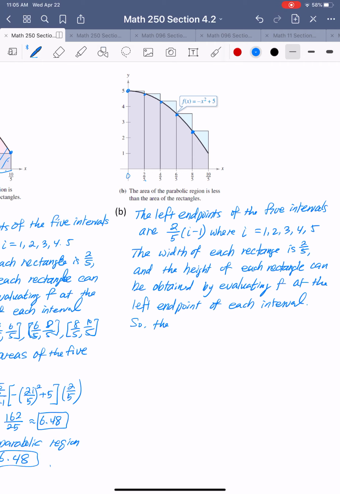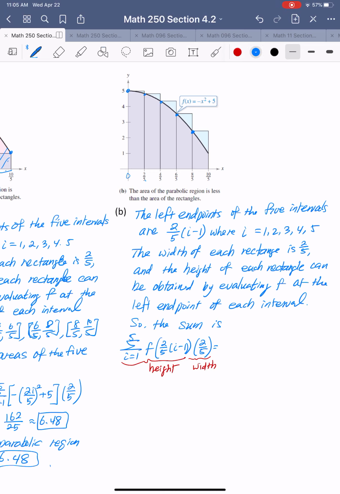So the sum is the same thing as this. We use the sum from i equal to 1 to 5 of f of 2/5 (i minus 1) as the height, and then multiply by 2/5 as the width. So this is the height, and this is the width.